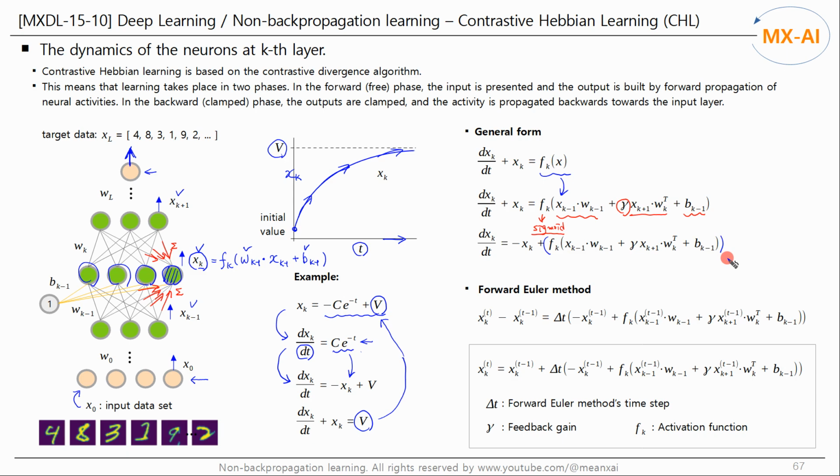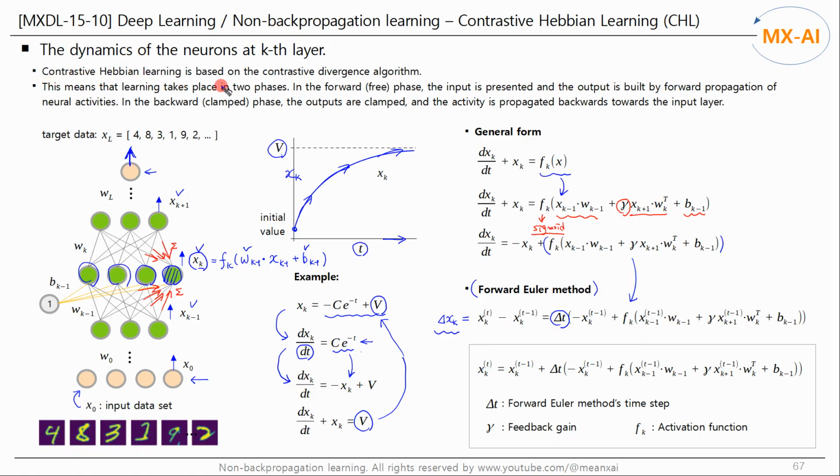Euler's method, or other numerical techniques, can be used to approximate the solution. Using the forward Euler method, an approximate solution to this equation can be expressed as follows. The left side of this equation is delta xk, and the delta t is the forward Euler method's time step.